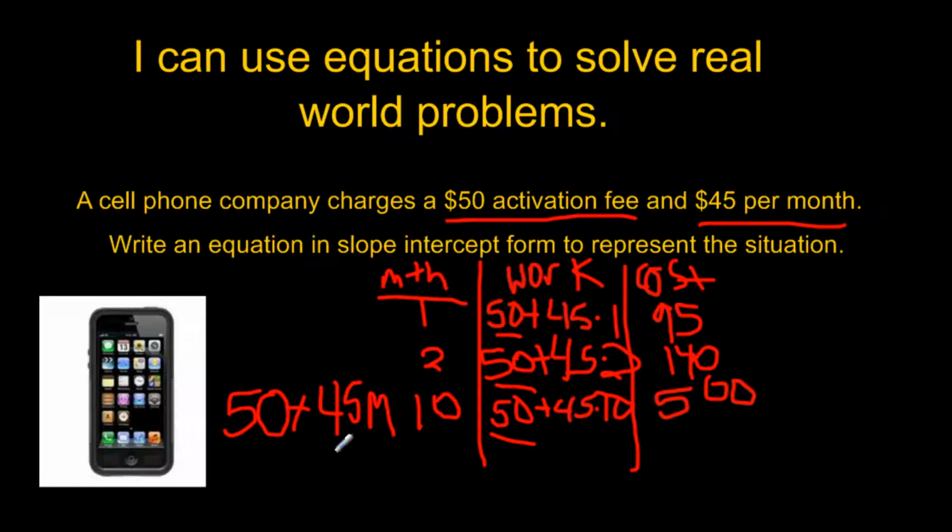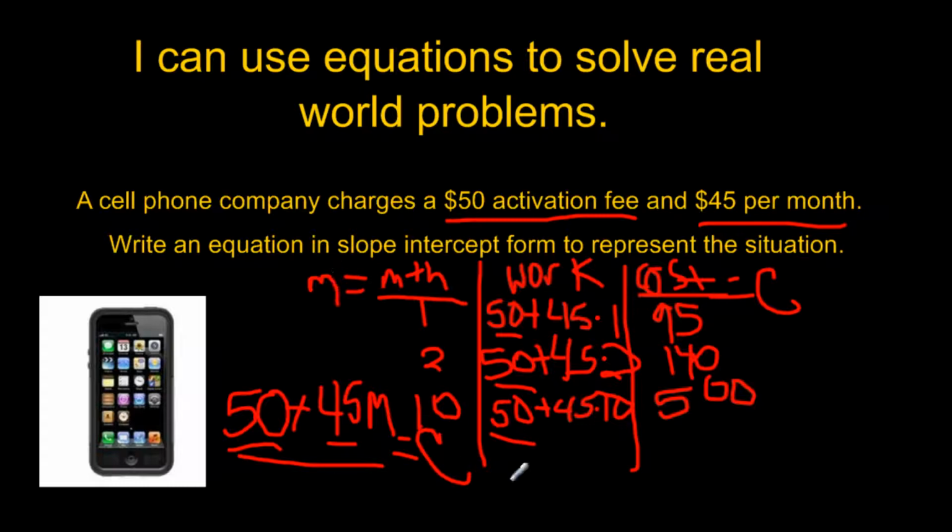And it looks like the 45 is actually my slope, which makes sense since it's the thing that changes. And that 50 is my y-intercept, which also makes sense because that's the place where I have to start. And so I can say, hey, this expression is equal to my C, my total cost. So cost is going to be C, and M's going to equal my months.